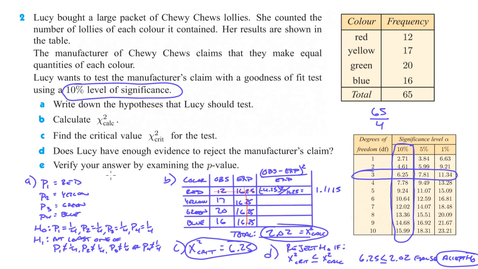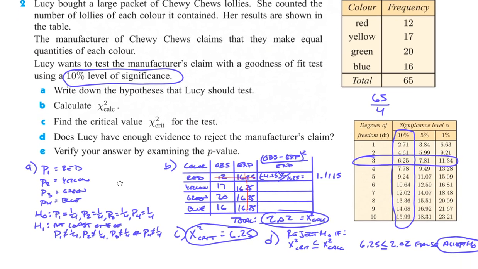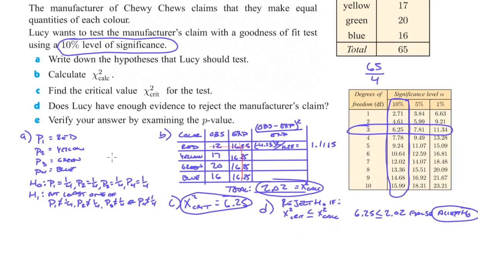Okay, and then last part is part E. I'm going to move this up to give us a little bit more space. E here says verify your answer by examining the p-value. Okay, so that is our rule on that one: reject H0 if, and remember that's if our p-value is less than our level of significance.